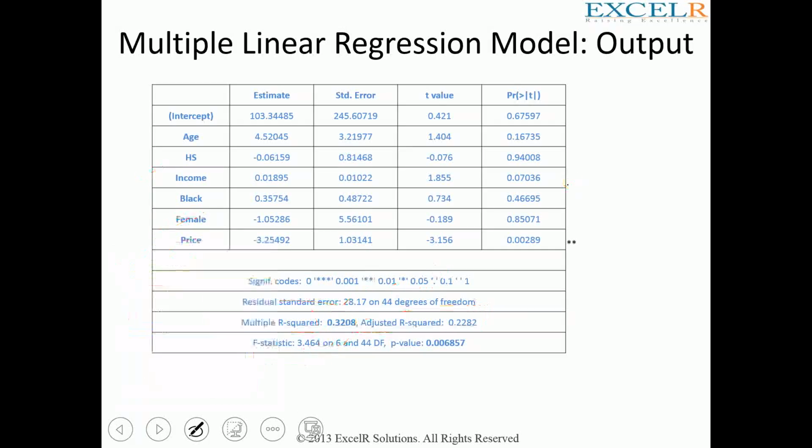One more thing, 32.08 or 32% here says that 32% of the variation in your Y, which is sales in this case, is explained using these input variables.